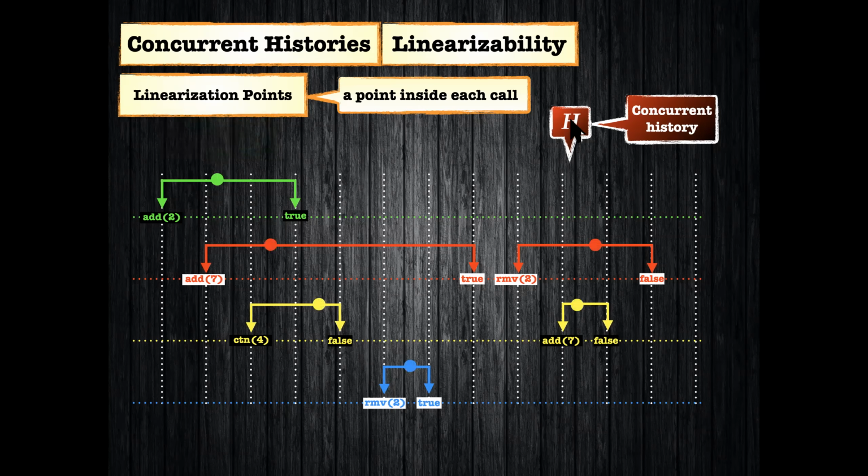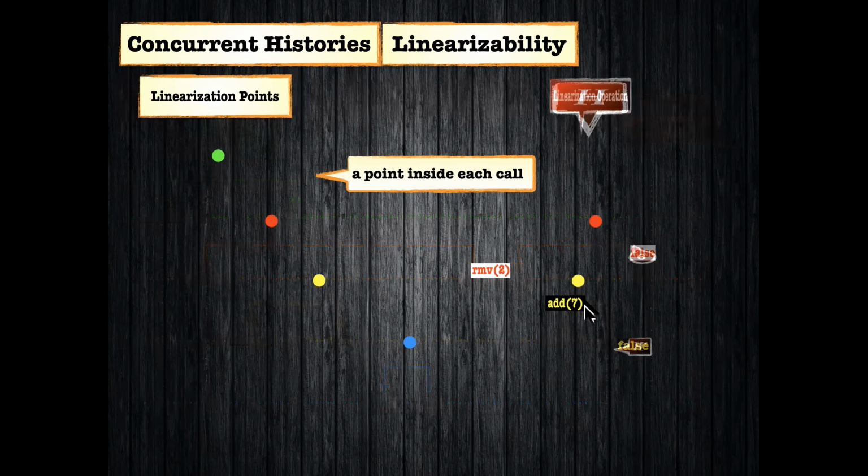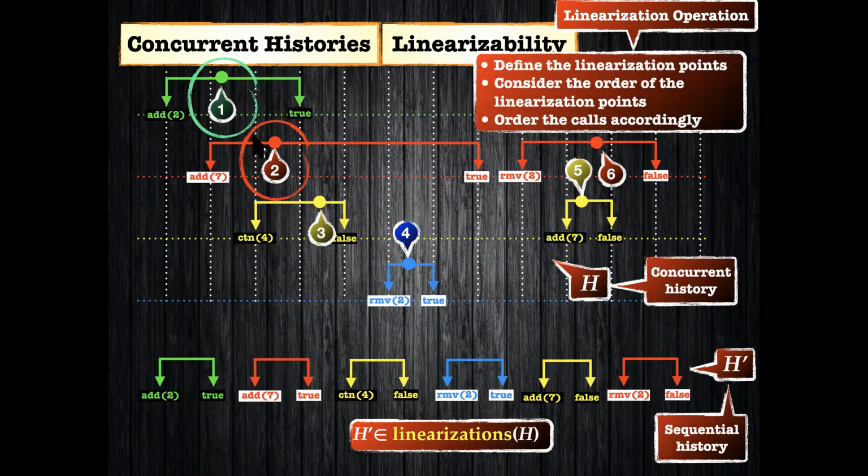So we are given a concurrent history H, and we are given a linearization of this concurrent history. This allows us to obtain a sequential history. First, one property of such a linearization is that if two methods are related by the overlapping relation, then you can choose the linearization points to be in any order. In this case, these two methods overlap, so I can choose their linearization points as I wish, one of them preceding the other.